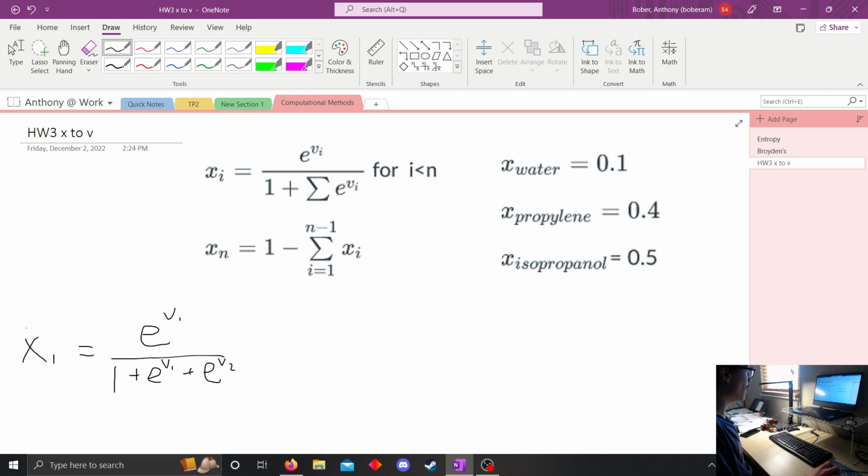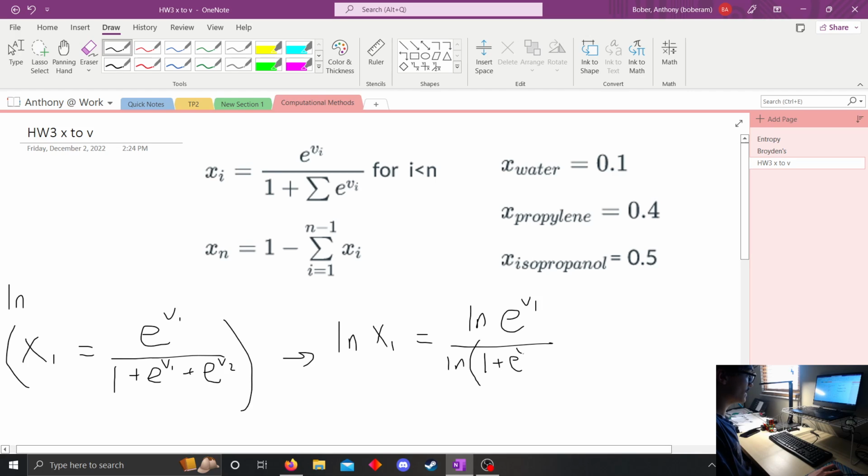Now, I think from here it's pretty obvious that we just want to take the natural log of this entire thing. So we'll have here natural log of x1 equals natural log of e to the v1 divided by natural log of 1 plus e to the v1 plus e to the v2.